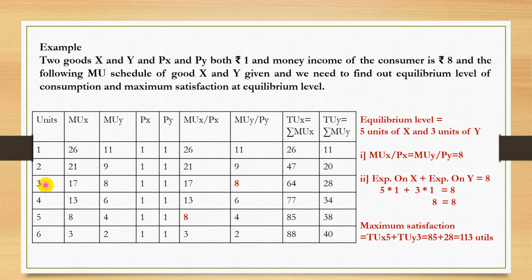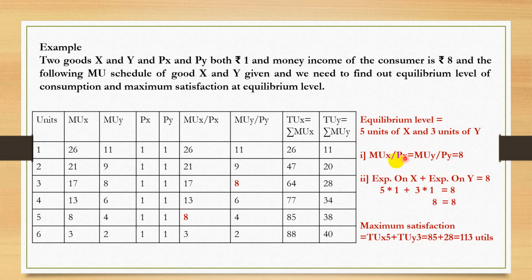So his expenditure on Y is equal to 3 into rupee 1, that is 3. So his total expenditure is 5 into 1 plus 3 into 1 is equal to 8, which is equal to the money income. So therefore MUX by PX is equal to MUY by PY is equal to 8 when the consumer consumes 5 units of X and 3 units of Y.